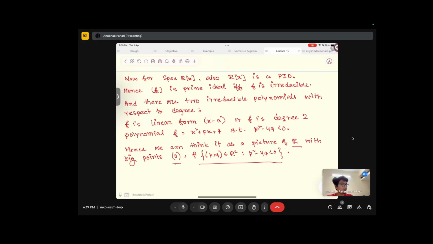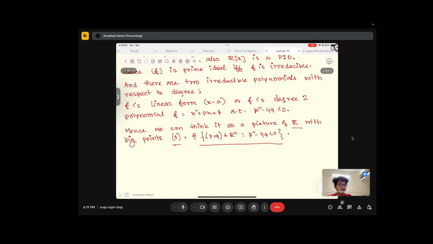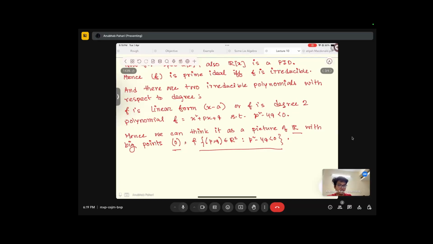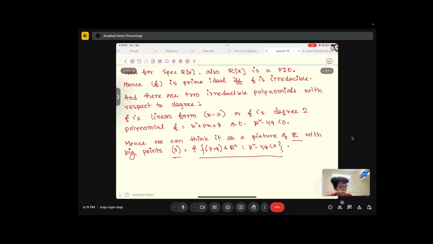So these are responsible for this. 0 is 0, that is a prime ideal, and these are responsible for this. These are also important as PhD interview questions. Okay. For now, okay, I should mark.